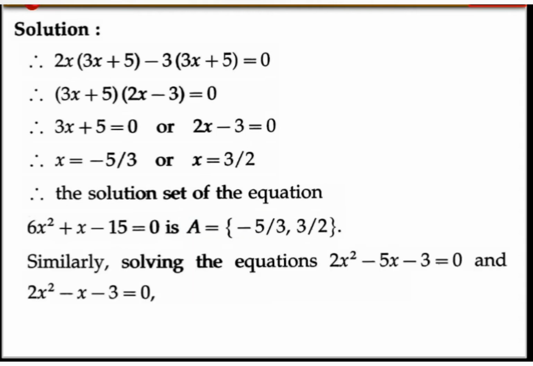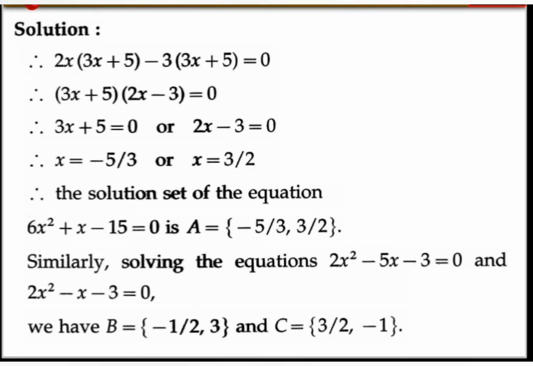Similarly, solving the equations 2x squared minus 5x minus 3 is equal to 0 and 2x squared minus x minus 3 is equal to 0, we have B is equal to the set of minus 1 upon 2, 3, and C is equal to the set of 3 upon 2, minus 1.